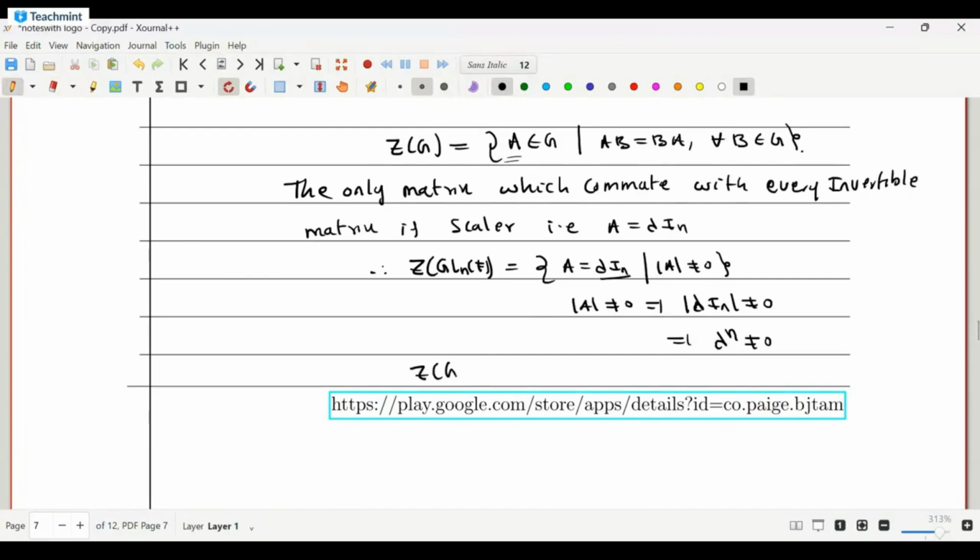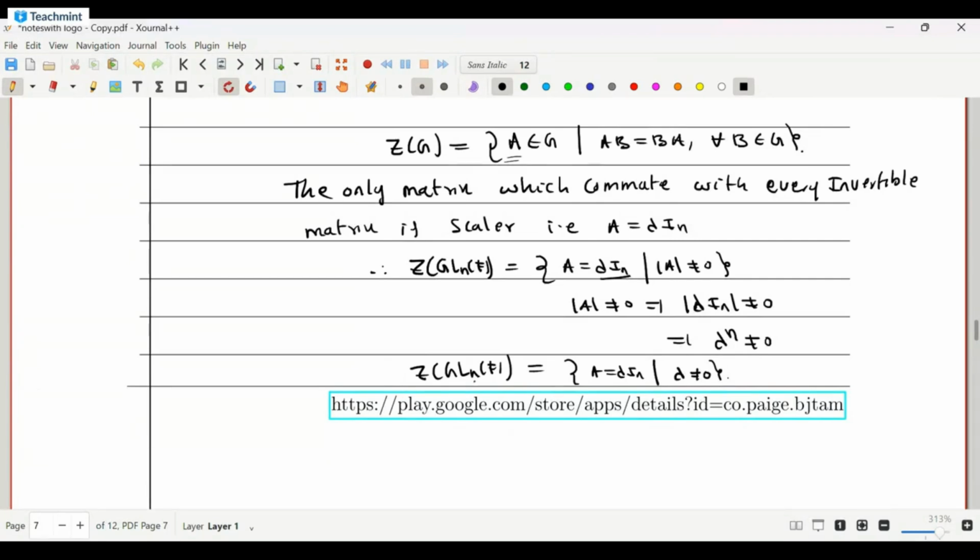Z of GLn of F is equal to the set of all A equal to lambda In such that lambda power n is not equal to 0. Lambda power n not equal to 0 or lambda not equal to 0, both are the same. So where lambda is a non-zero value, all of these are invertible: lambda In such that lambda is non-zero.